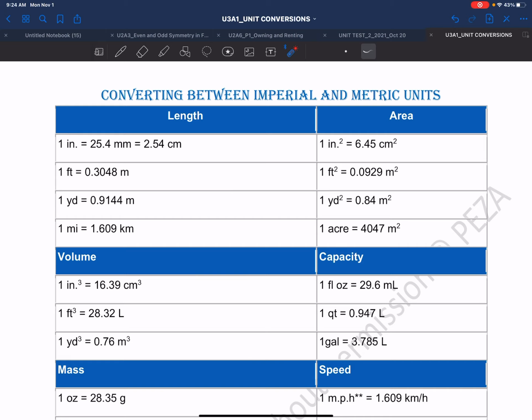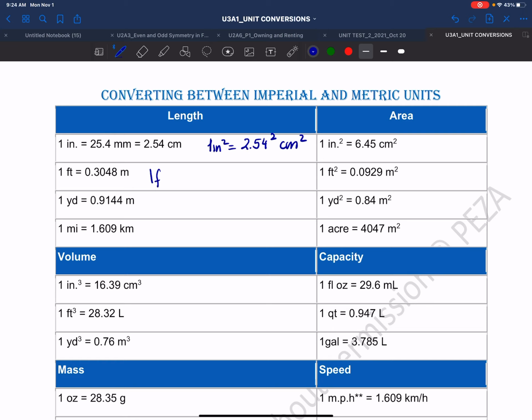The answer is yes. Remember that if we are told that 1 inch is 2.54 centimeters, it means that 1 inch squared will be 2.54 squared centimeters squared, for example. And the same thing applies to the rest of the measurements.